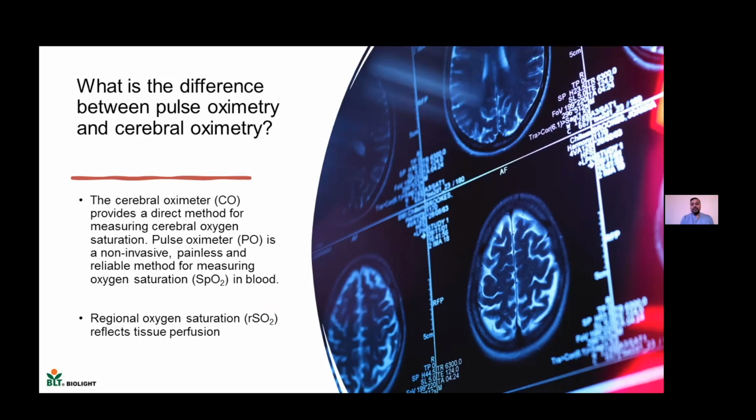So now the concept has moved forward to the regional oxygen saturation. Regional oxygen saturation reflects the tissue perfusion. What we are giving to the tissue is the pulse oximetry, the capillary oxygen saturation, and what the tissue is receiving from that capillary is known as the regional oxygen saturation.